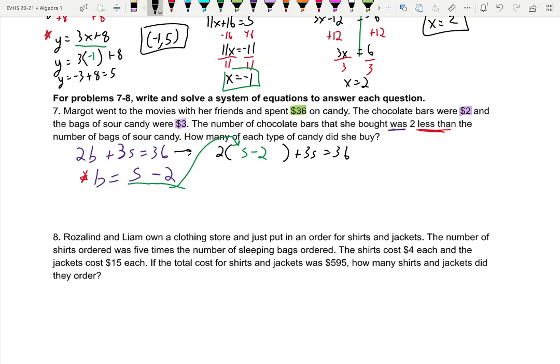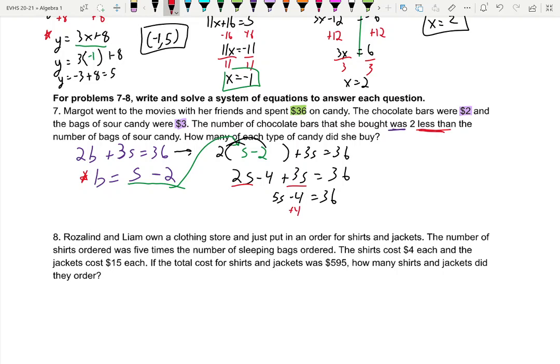Okay, now let's take care of our distribution step. 2 times s is 2s. 2 times negative 2 is negative 4. Plus 3s equals 36. Okay, now let's combine our like terms. We've got 2s and 3s makes 5s minus 4 equals 36.